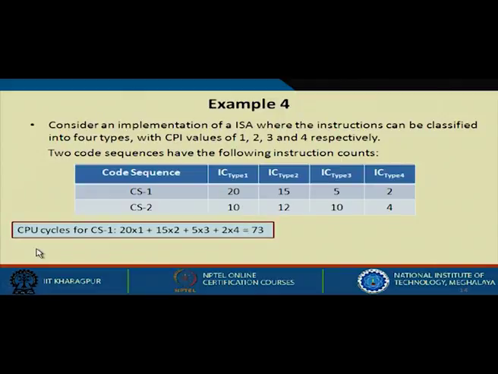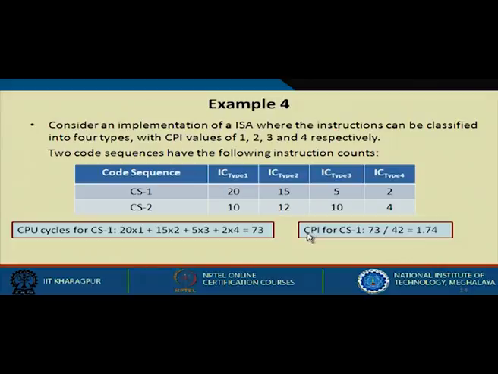So, now you see the CPU cycles for CS1: 20 multiplied by 1 because for type 1 the CPI is 1, type 2 multiplied by 2, 15 multiplied by 2, 5 multiplied by 3 and 2 multiplied by 4. So, this will give you the total CPU cycles, that is 73.